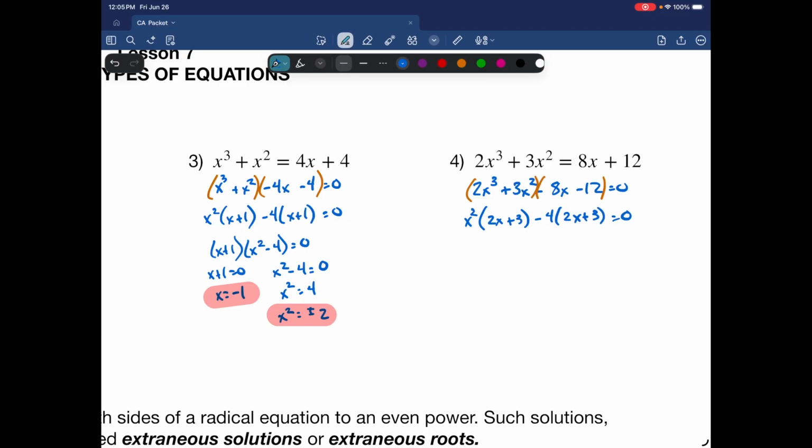Both terms have a 3x minus 8, so I'm going to pull it out and put the remaining pieces together. This is going to be x squared minus 4. Then set both equal to 0. So you got 3x equals 8, x equals 8 thirds. X squared equals 4, x equals plus or minus 2.